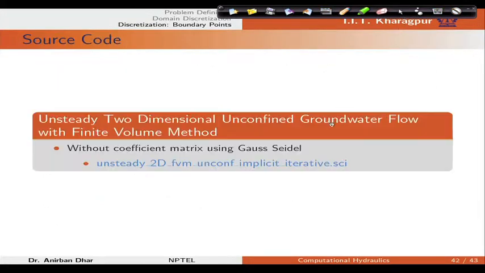So, this is our unsteady 2D finite volume unconfined aquifer implicit iterative format.